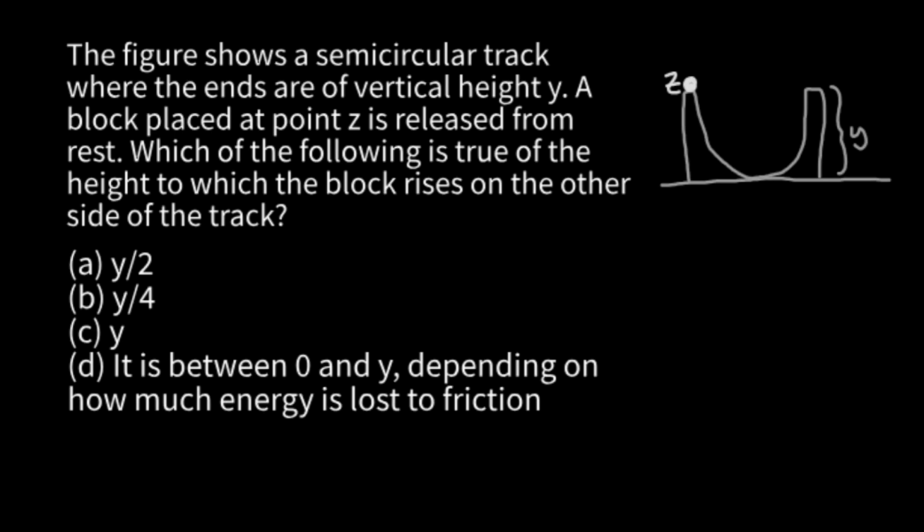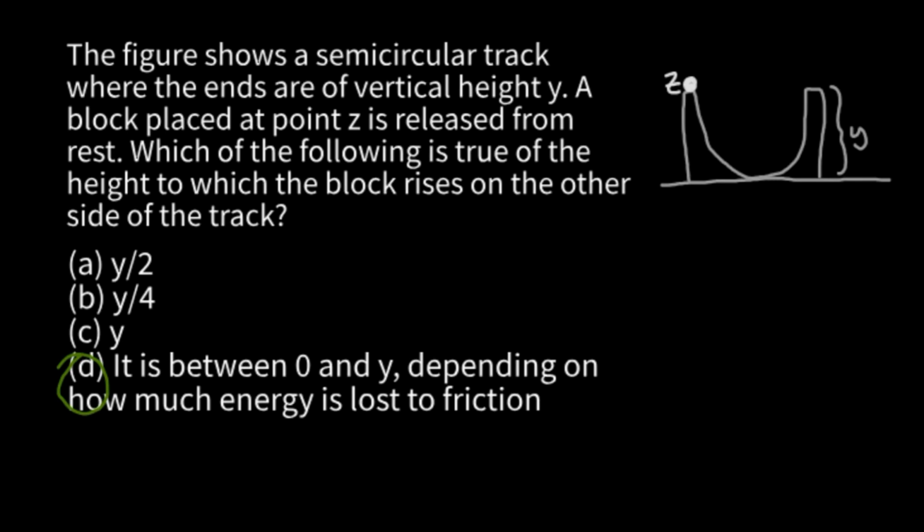And notice we have options A, B, C, and D. So if we knew that the track was frictionless, then you could say C is the correct answer, but we're given no information about that. So option D is the correct choice.